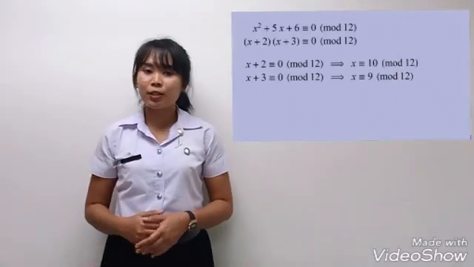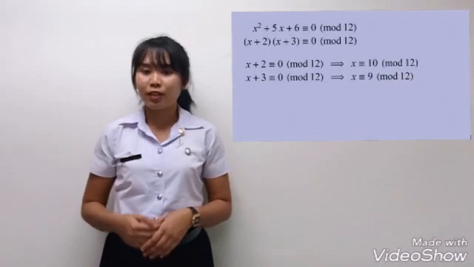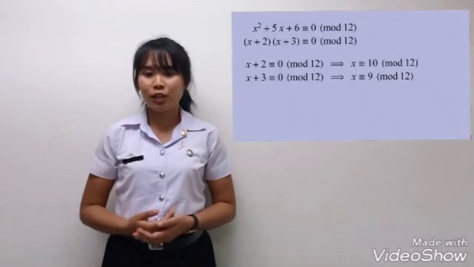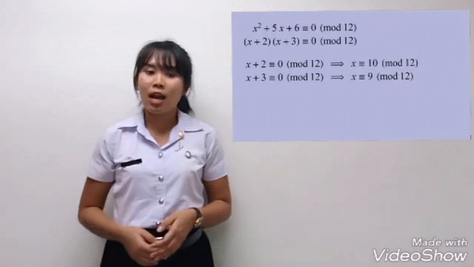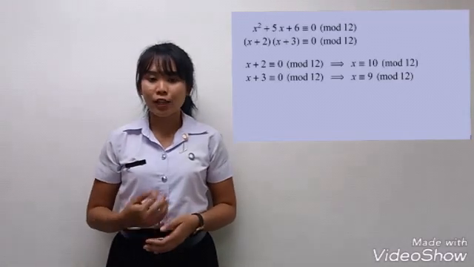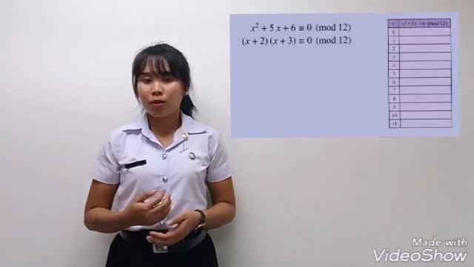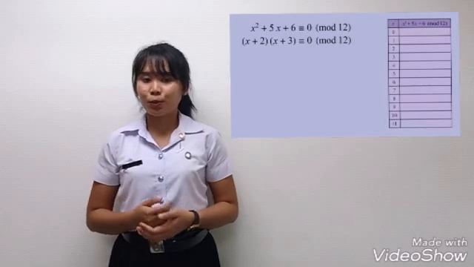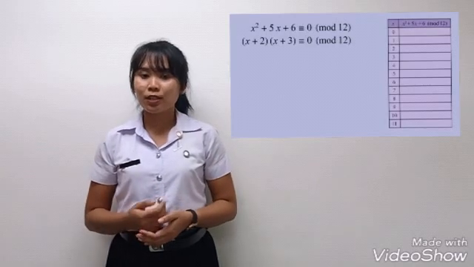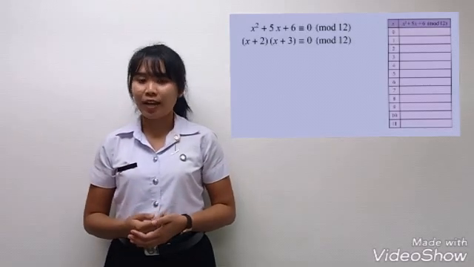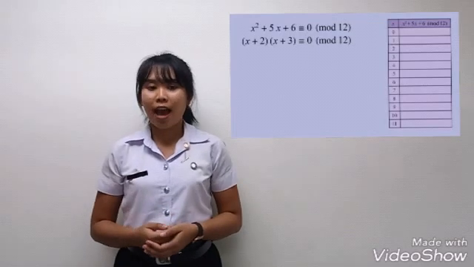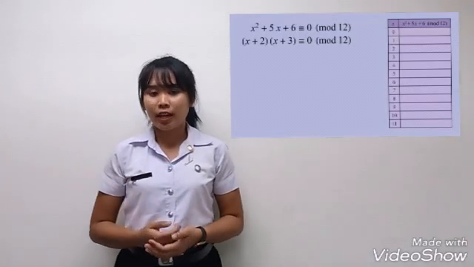Since there are only 12 numbers in the ring of integer mod 12, let's go ahead and check all possibilities. We will plug in 0 through 11 into the polynomial x squared plus 5x plus 6 and see what we get.